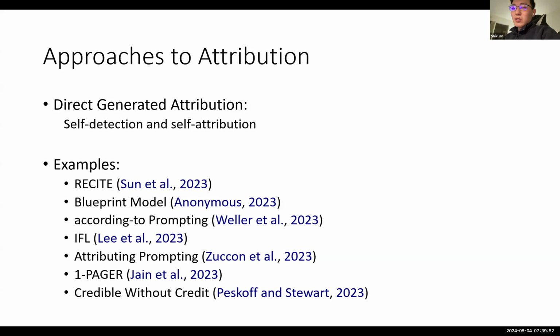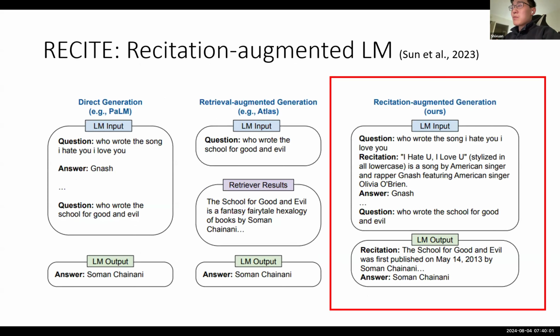Here are such as the recite and blueprint models, and I just want to show maybe one example for you, which is the recite method. So recite stands for recitation augmented large language model.